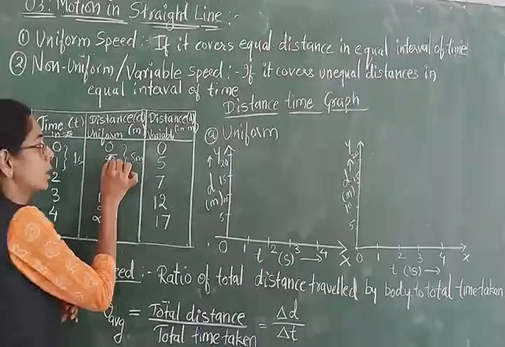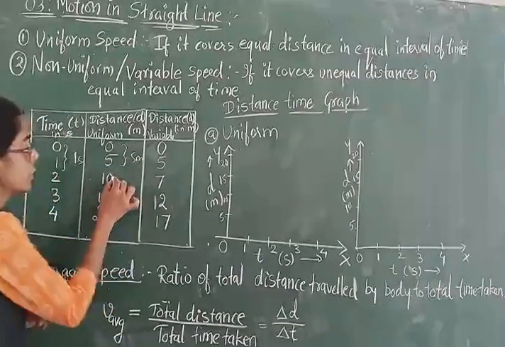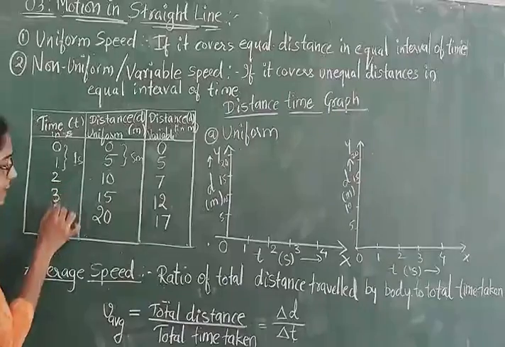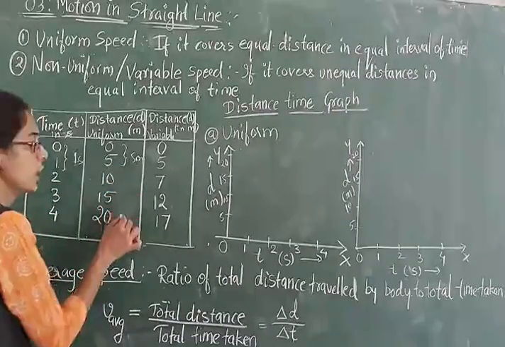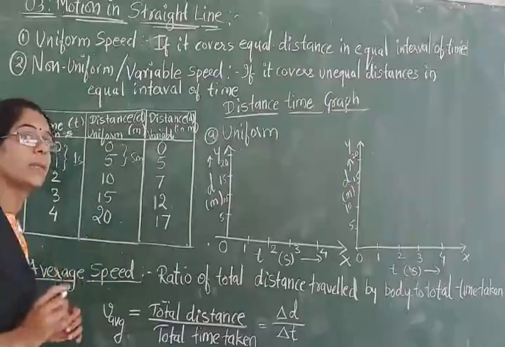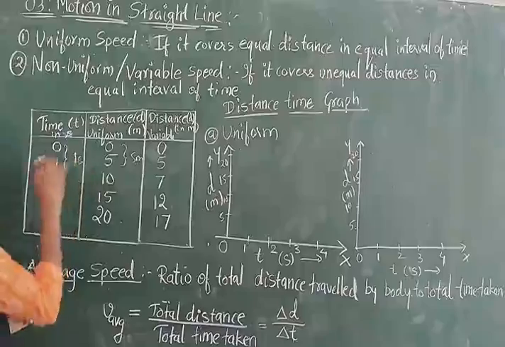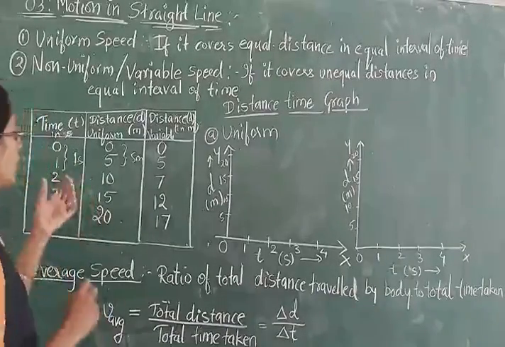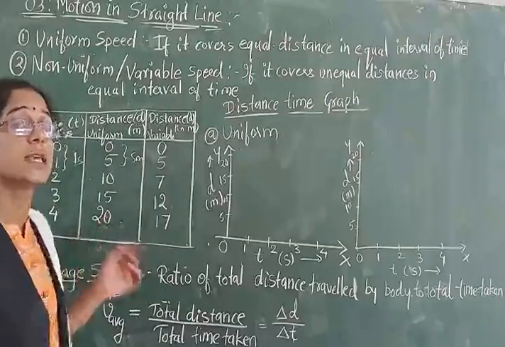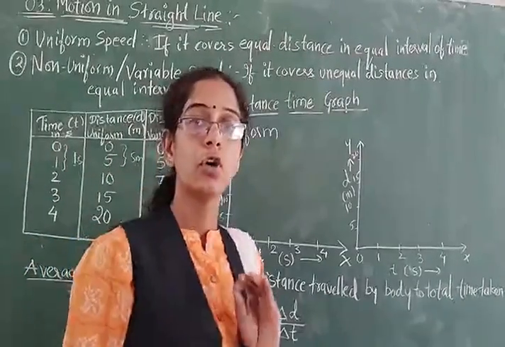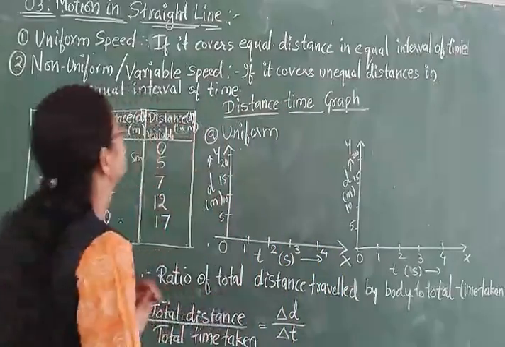The distance covered is from 5 to 10, which is also 5 meters. Further, for each 1 second variation, the distance covered by the object remains the same, 5 meters in that 1 second interval. When this happens, the speed attained by the object is said to be uniform speed. It is called what? Uniform speed.